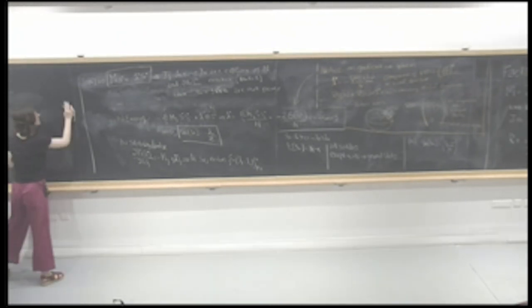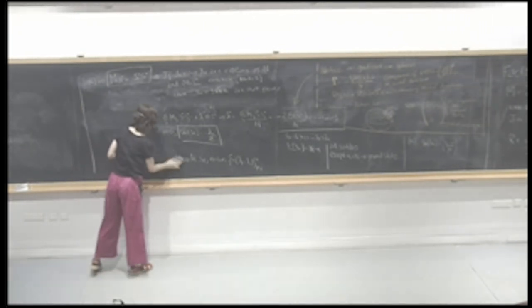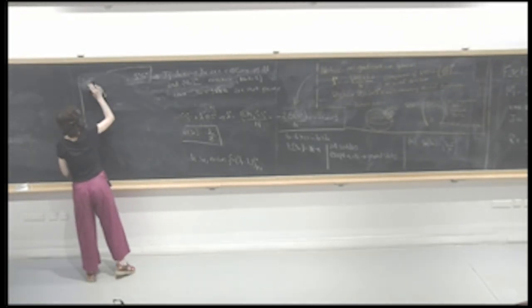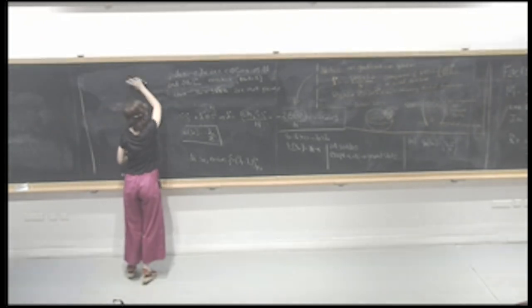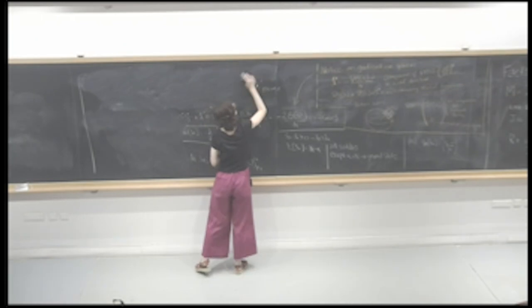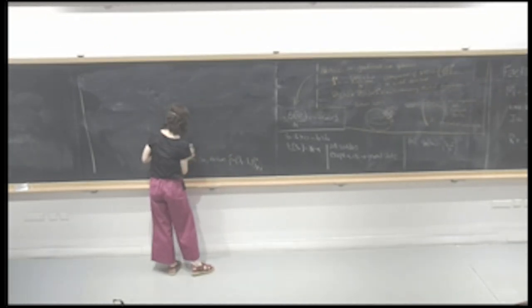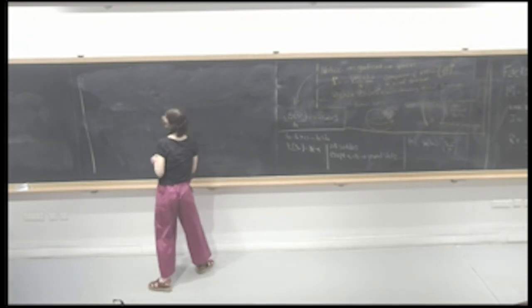Okay, so the first thing that you can ask about these matrices is, what are the properties of the eigenvalues? And I want to make a distinction, so this will be about the eigenvalue distribution.